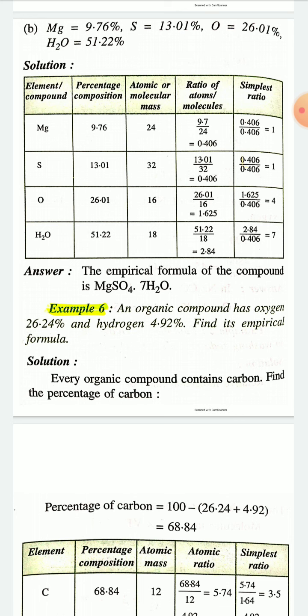So the empirical formula of the compound of magnesium, sulfur, oxygen and water is 1 magnesium atom, 1 sulfur atom, 4 oxygen atoms and 7 water molecules. So MgSO4.7H2O. This is the empirical formula of the compound.